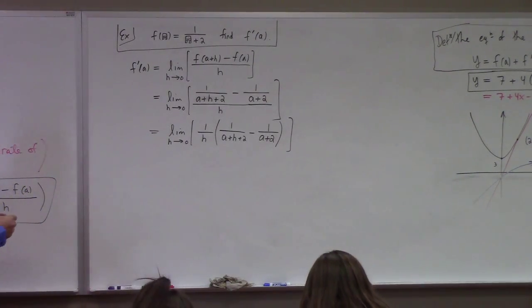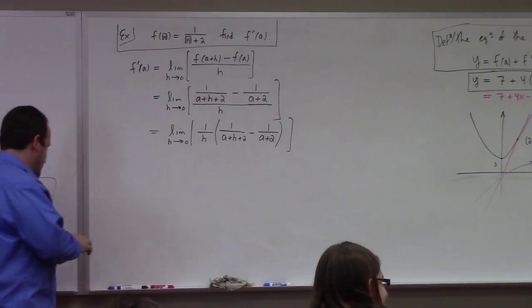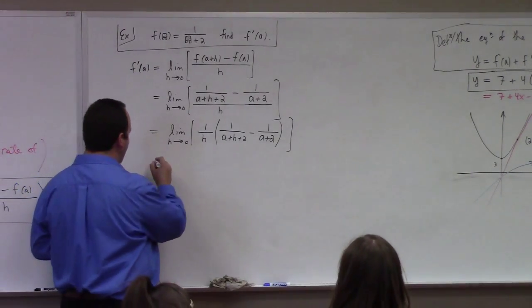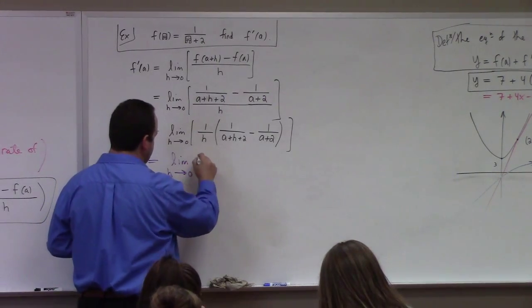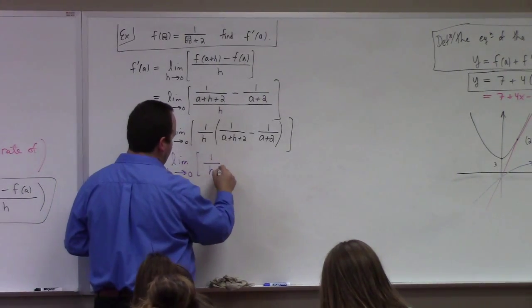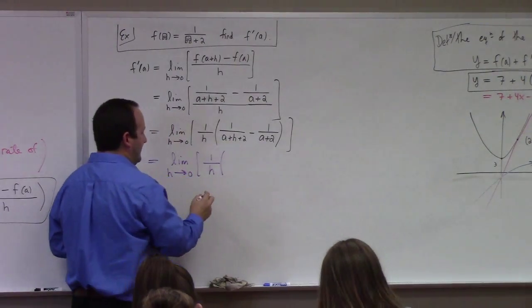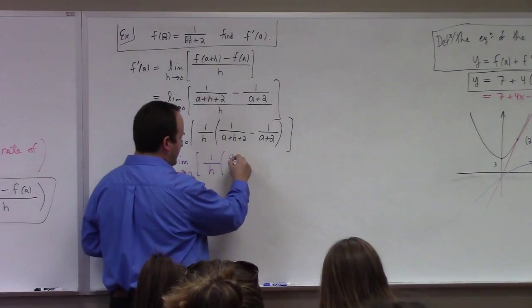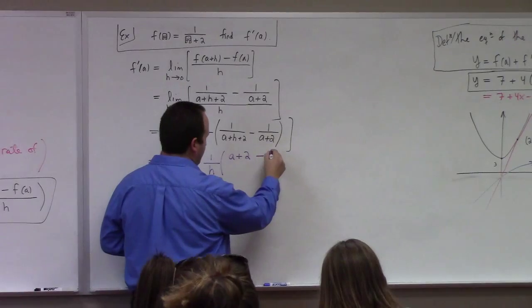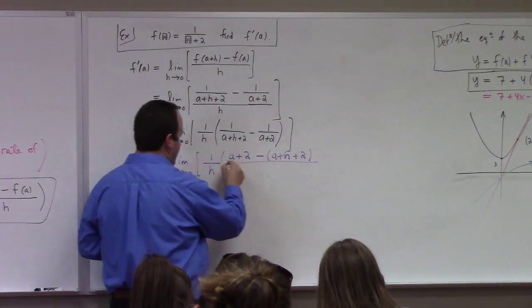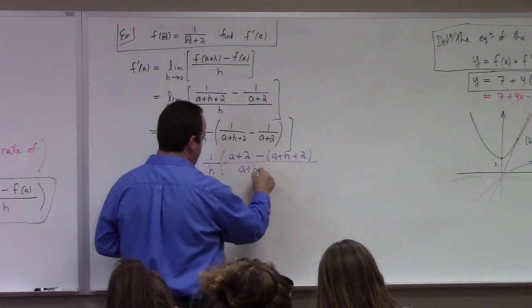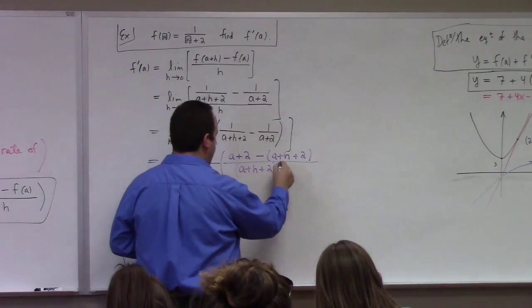Multiply by each other side, so you would add an h to the right side. You know what you want to do, you just don't know how to put it in words. I have that feeling all the time. A plus 2 minus parentheses a plus h plus 2, all divided by a plus h plus 2 times a plus 2.